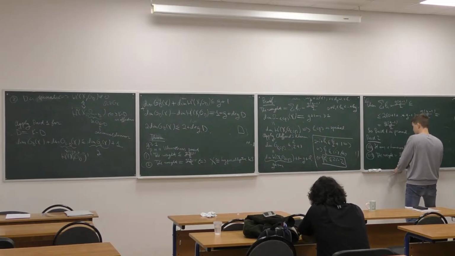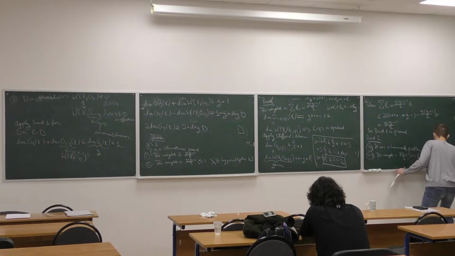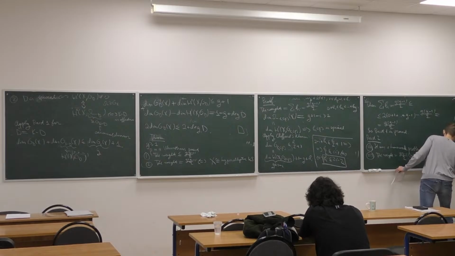The weight is equal to this if and only if b_i is equal to 2i minus 2 for all i between 1 and g.